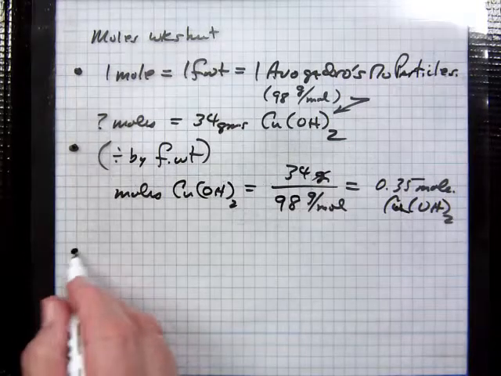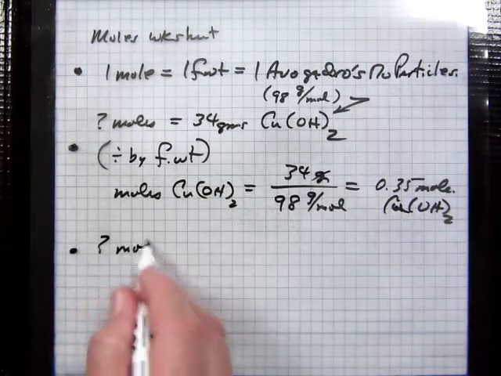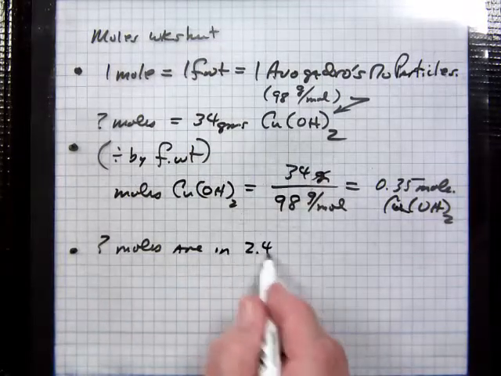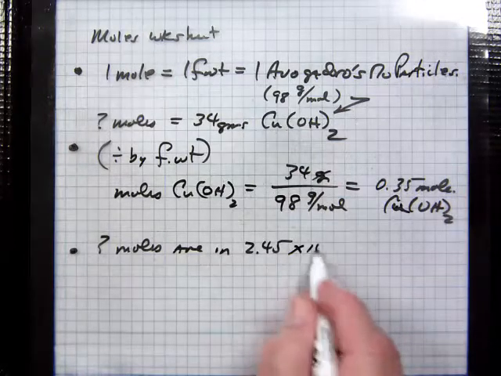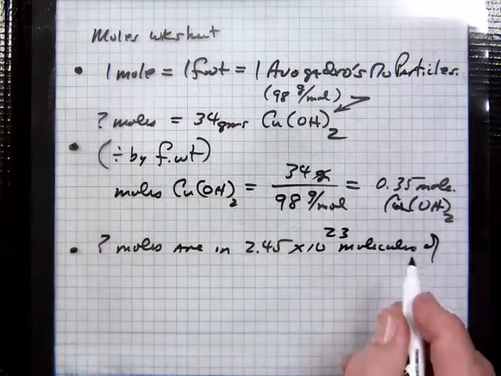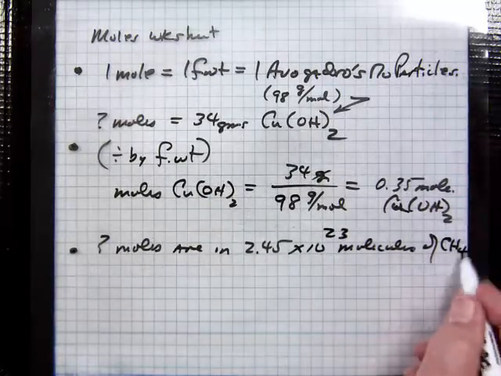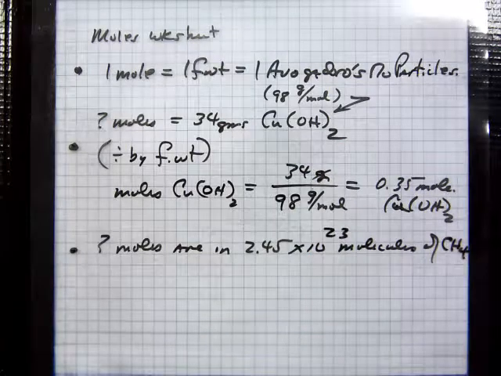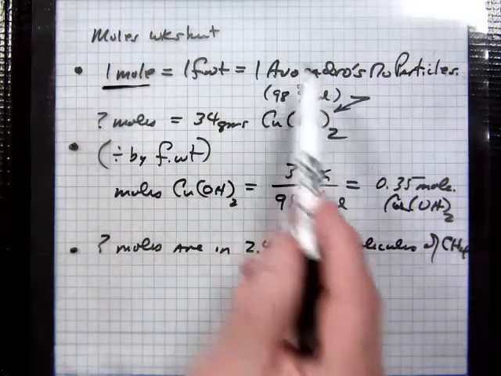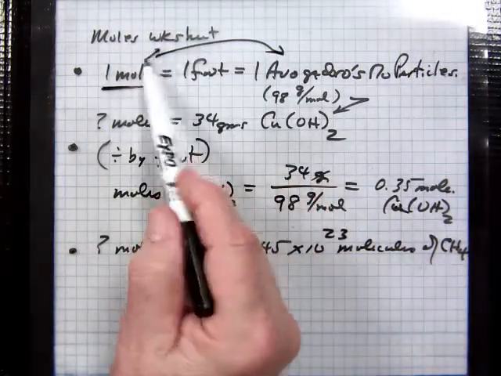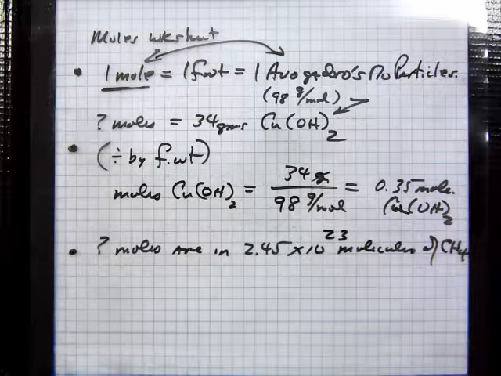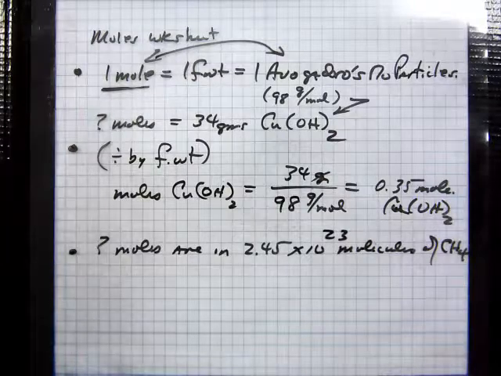Okay. Next one is, how many moles are in 2.45 times 10 to the 23rd molecules of methane? Well, this can be a dimensional analysis. 1 mole, 1 Avogadro's number. Now, 1 mole of molecules contains 6.02 times 10 to the 23rd of those molecules.